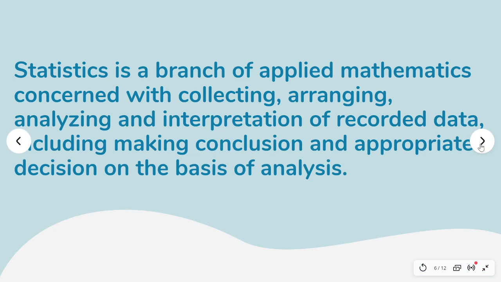Now, what is the actual complete definition of statistics? It is a branch of applied mathematics concerned with collecting, arranging, analyzing, and interpreting recorded data, including making conclusions and appropriate decisions on the basis of analysis.